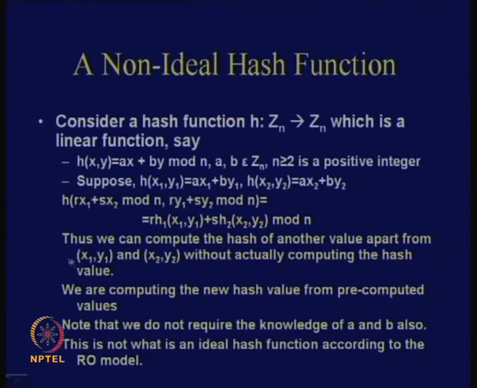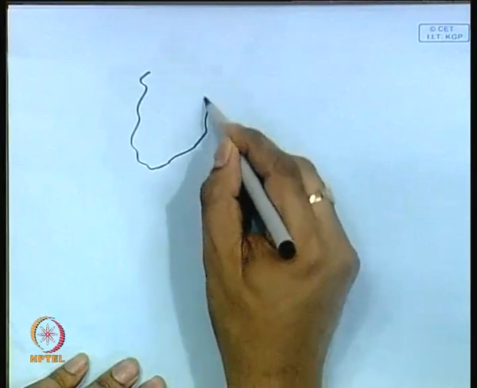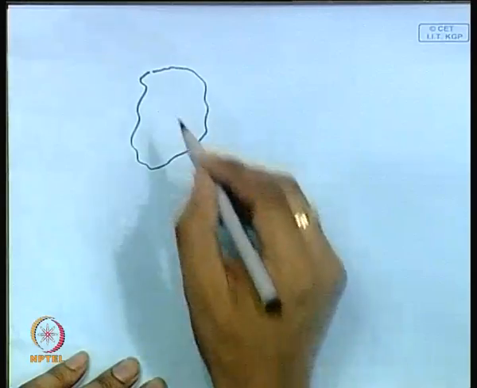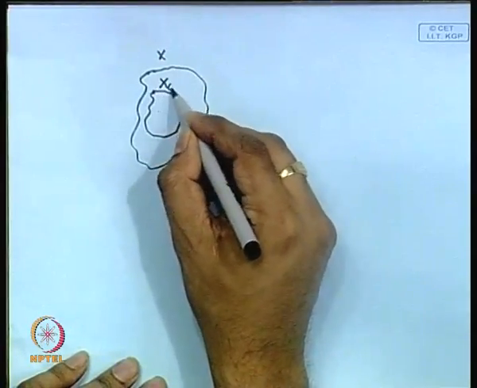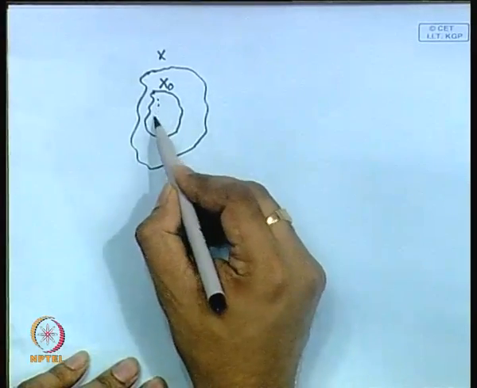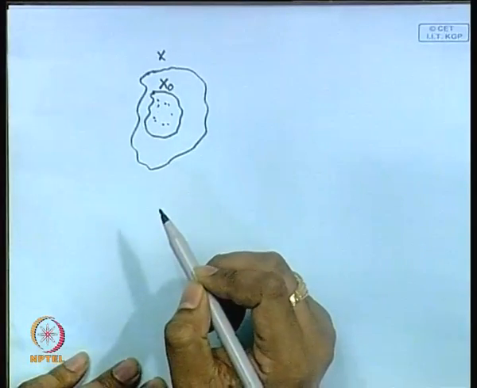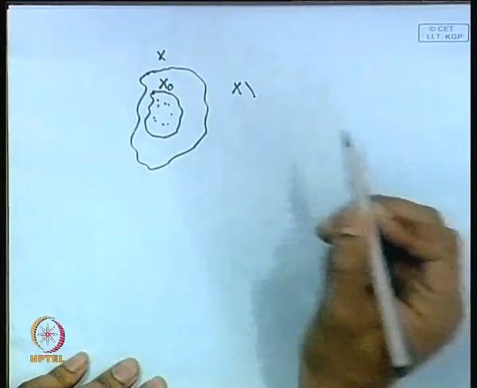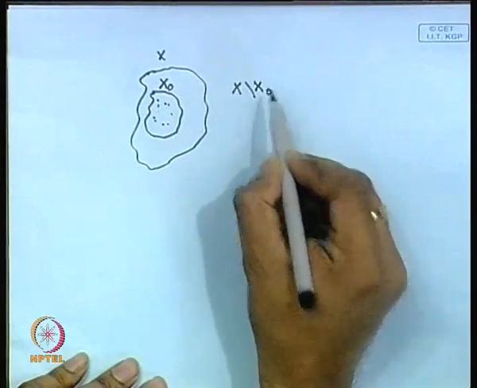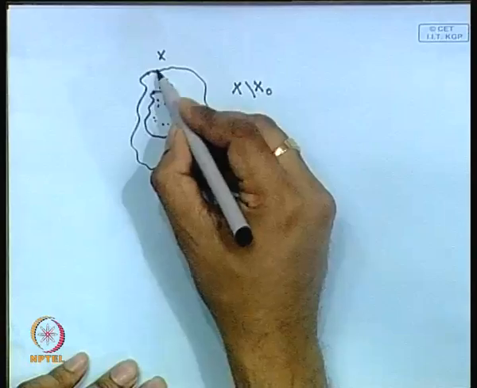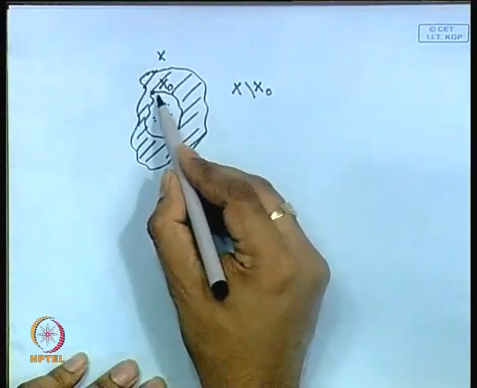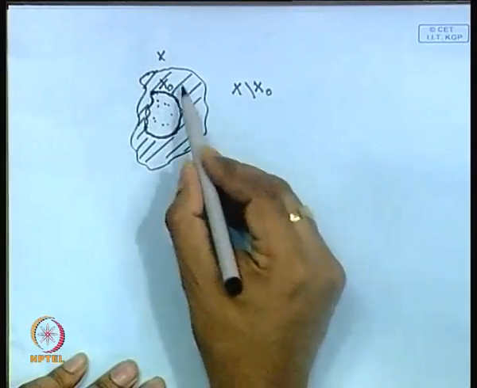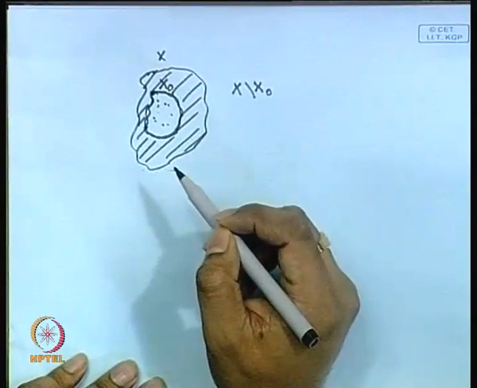Random oracle models should be such that, pictorially, suppose you have a domain X, and out of it you take any subset, which I call X0, and suppose you know all the corresponding hash outputs for this X0. Now if you access a point from X minus X0, then these hashed outputs should not give you any information about the other hashed outputs.